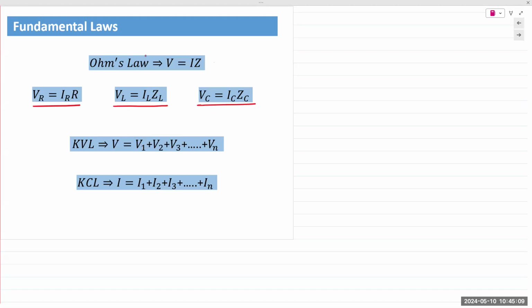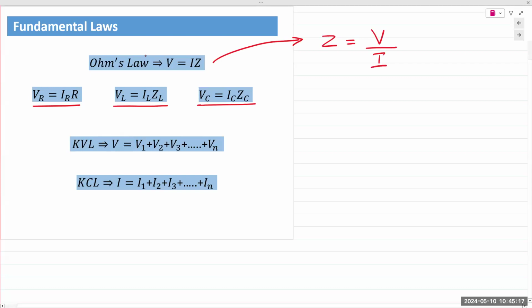But what I wanted to point out was this. V equals IZ. That means Z, the impedance, is V over I, where V and I are both phasors. Z, I, and V are all complex number representations, so everything is a vector. V and I are the phasors, and Z, of course, is the complex impedance. So if you have a division of two complex numbers, you have the magnitude of Z with the phase angle of Z, the impedance.